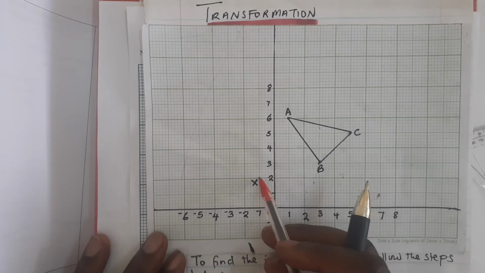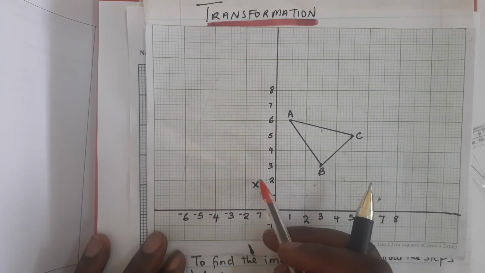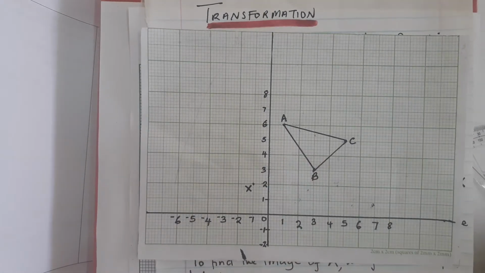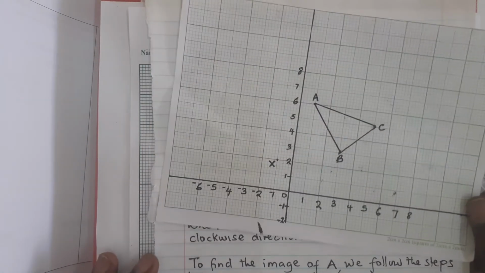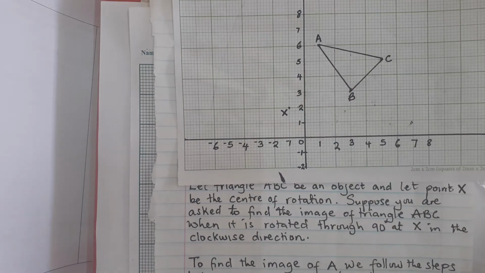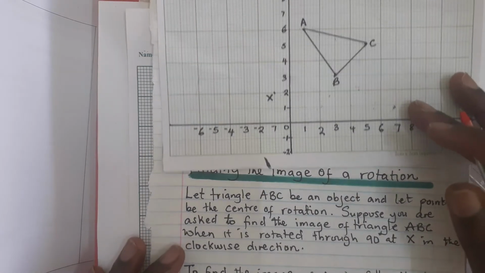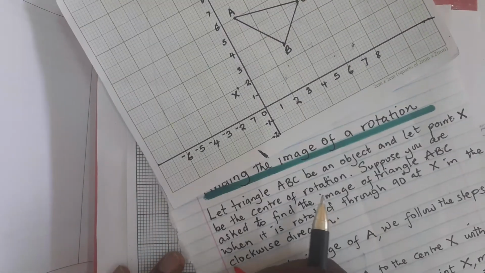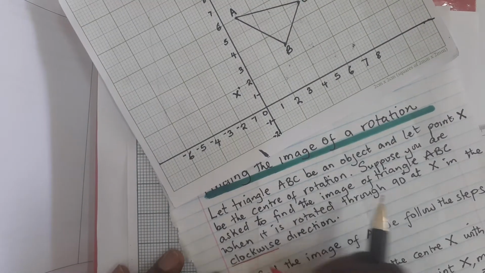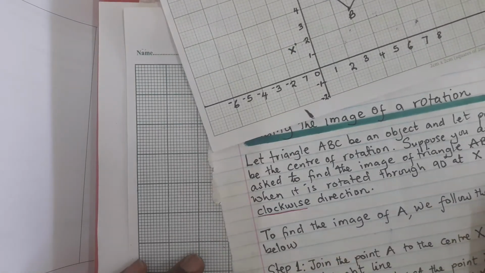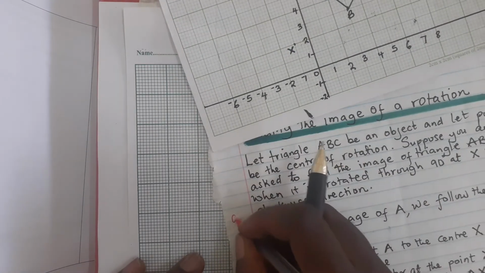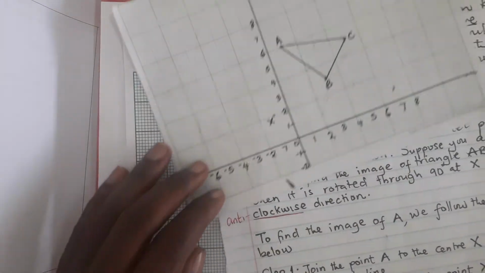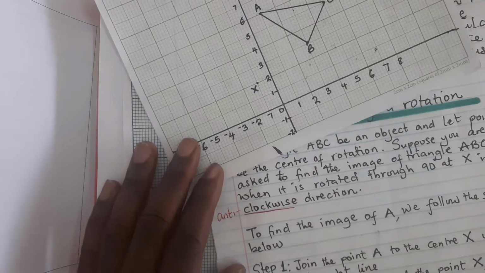This is the center of rotation, and the angle of rotation is 90 degrees in an anti-clockwise direction. I think the question here should be anti-clockwise. Let's take note of that.